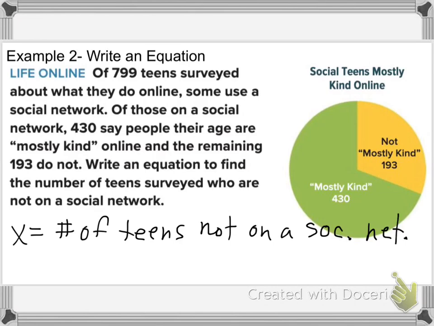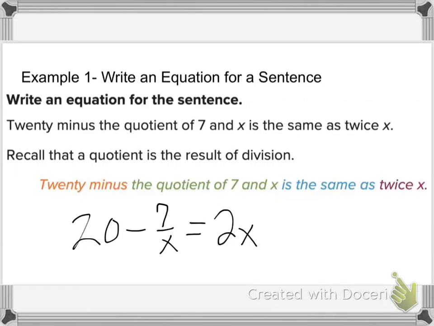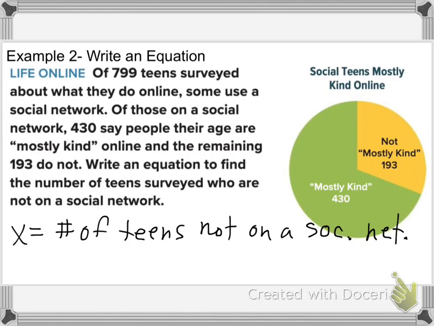Are we okay with that? Is that the only thing it's wanting me to find? Yeah, that's the only thing it's asking me to find, right? So that's the only unknown I'm going to have right now. Step 2, we want to identify the givens and their relationships. So what all information am I given?